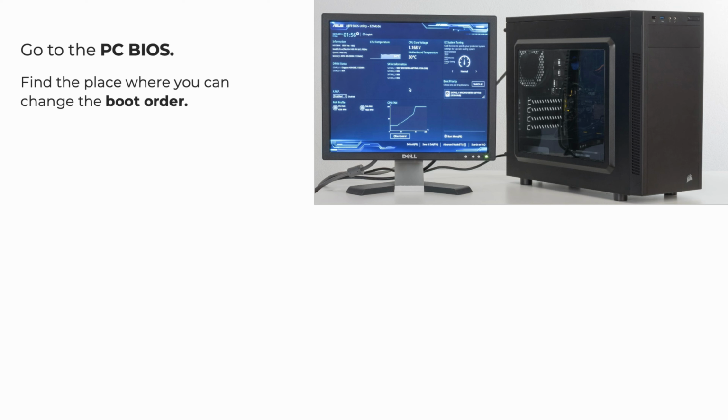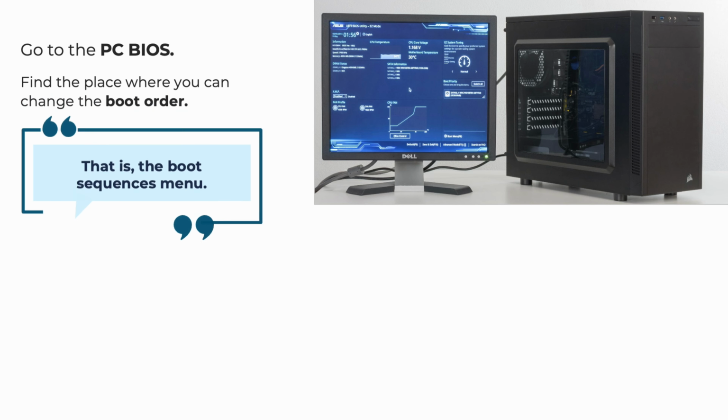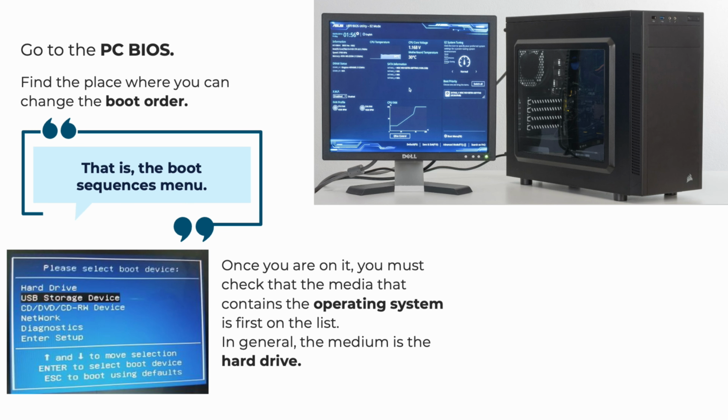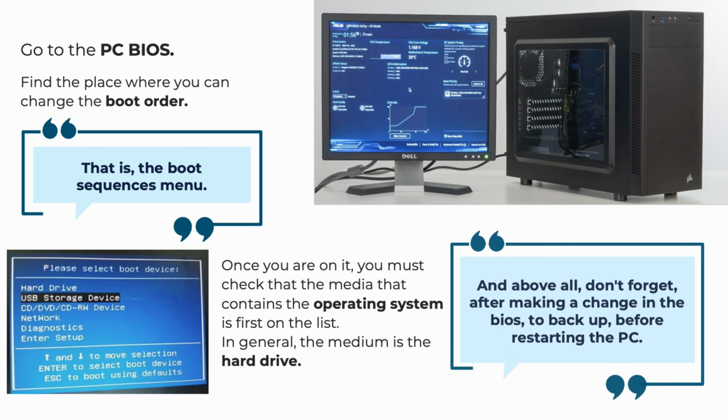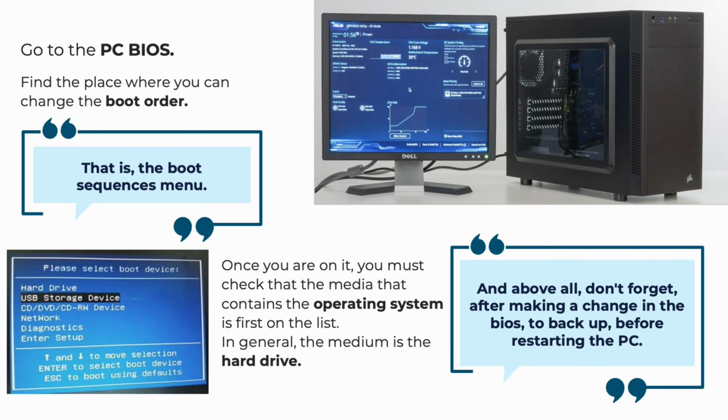You have to find the place where it is possible to change the boot order, that is, the boot sequences menu. Once you are on it, you must check that the media that contains the operating system is first on the list. Usually the medium is the hard drive. And above all, don't forget, after making a change in the BIOS, to save before restarting the PC.